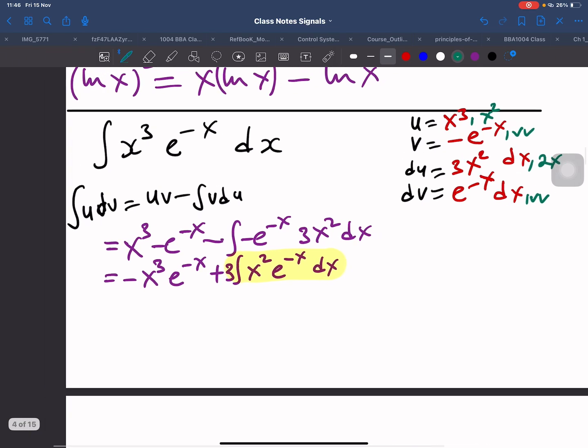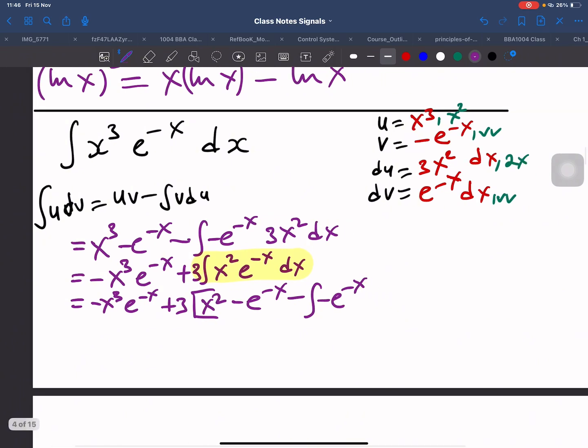So we're now going to continue, which is equal to minus x cubed e raised to power minus x plus 3, which will be distributed to u is x squared, and v is minus e raised to power minus x, minus the integral of minus e raised to power minus x, then du is 2x dx.